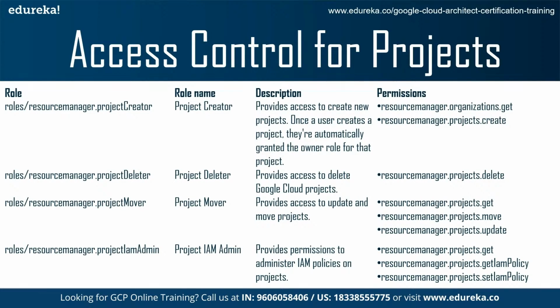You can see for the role named Project Creator that it provides access to create new projects. Once a user creates a project, they are automatically granted the owner role for that project. Then you can see the specific permissions for it, like resourcemanager.organizations.get. Similarly, for Project Deleter, Project Mover, and Project IAM Admin, specific permissions are there, and you can see the descriptions also for it.